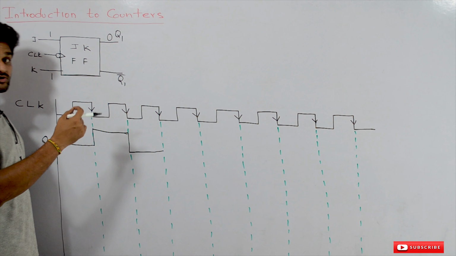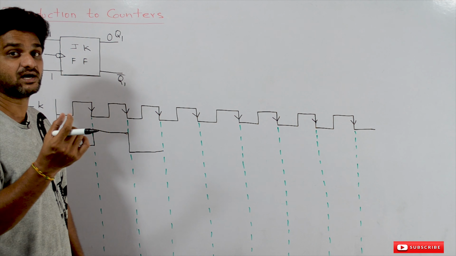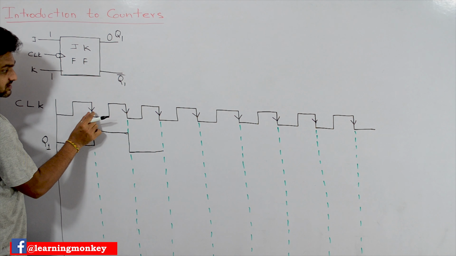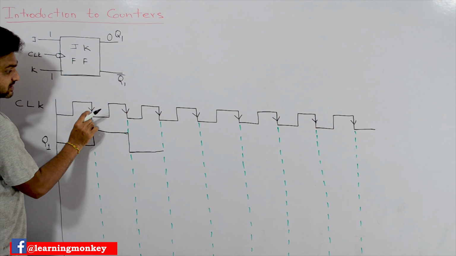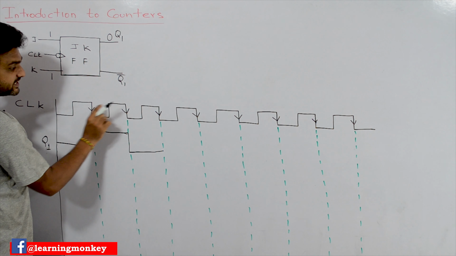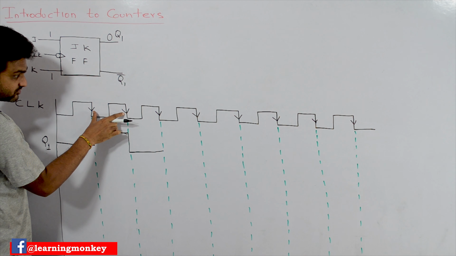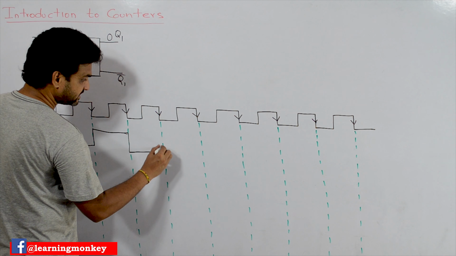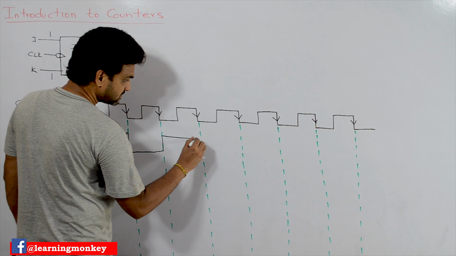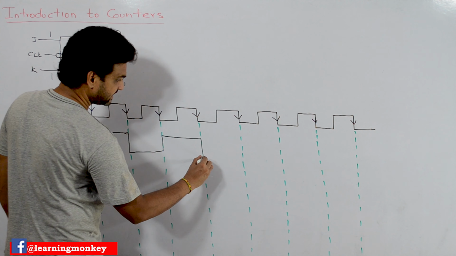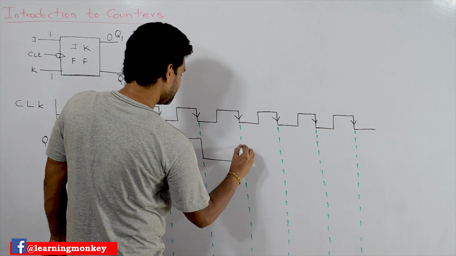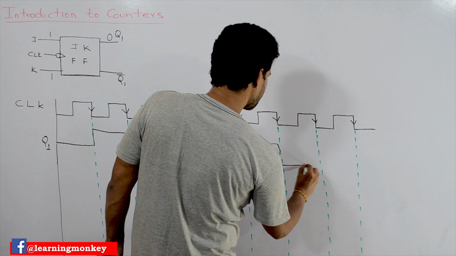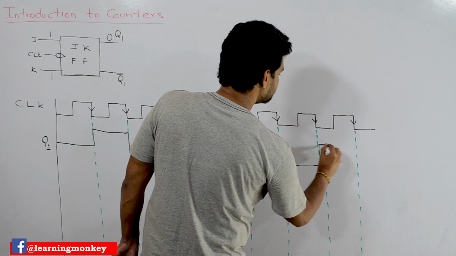A clock period means the time taken between one triggering of the clock and the next triggering of the clock. That period is what we call the clock period. Now again, this one will be here, and this one will be at this point.